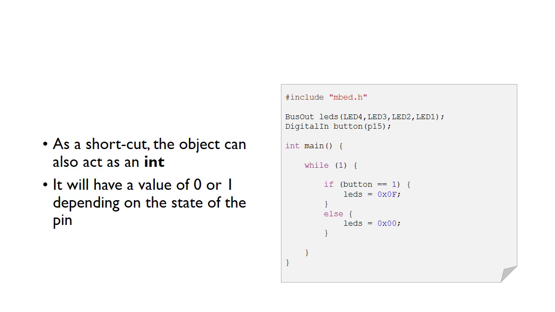So that was using this read method, but again, as a shortcut, we can use this assignment shortcut, because these objects essentially act as an int. So you just say if button is equivalent to 1, then switch all the LEDs on, else switch them off. So you can either use read or just treat it like an integer. Both are equivalent. Just pick the method you like and stick to it.